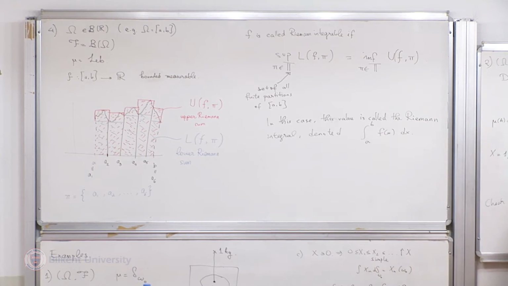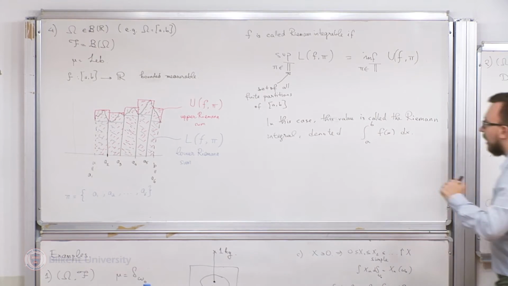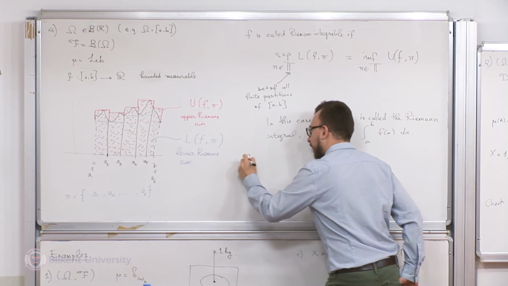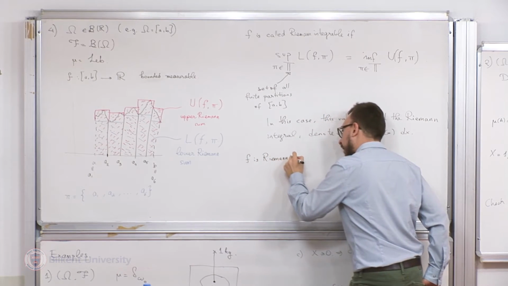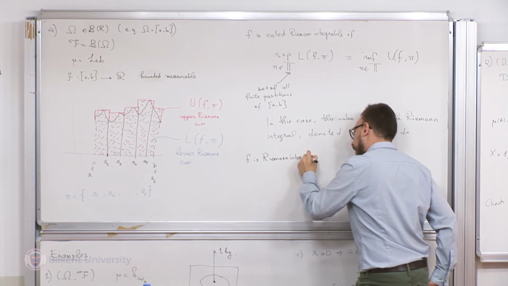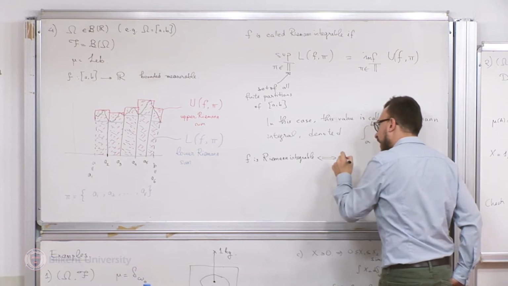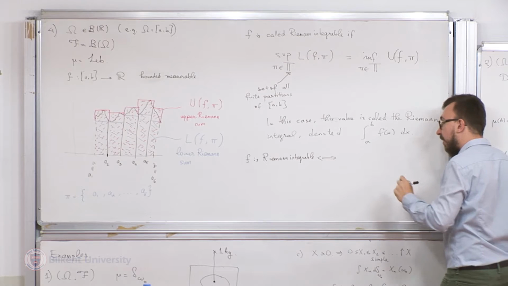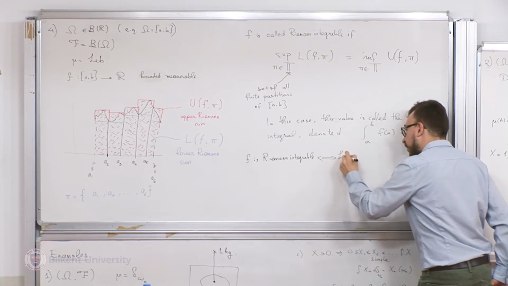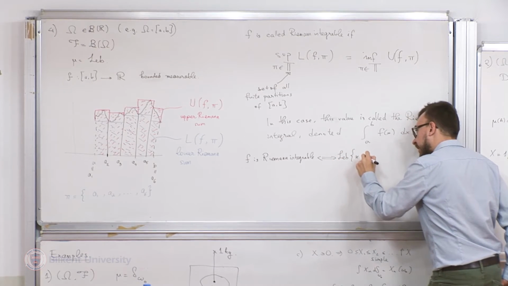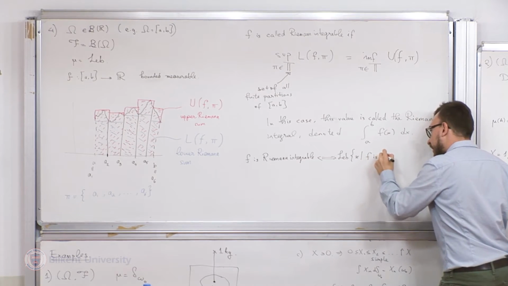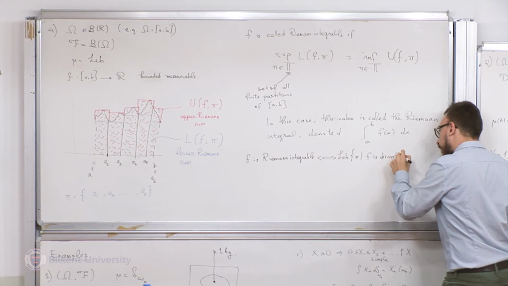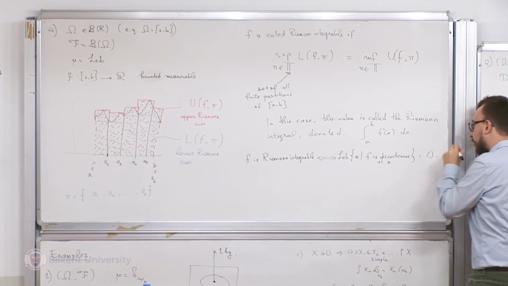What is very nice is that if f is Riemann integrable, then, and it is even if and only if, the set of all points at which f is discontinuous at x has Lebesgue measure 0.